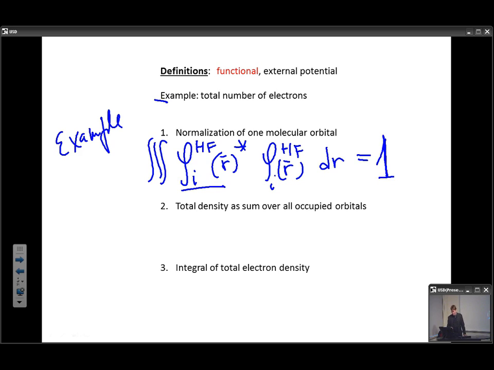Okay, there is a practically interesting and important definition of total electron density in respect to Hartree-Fock theory.